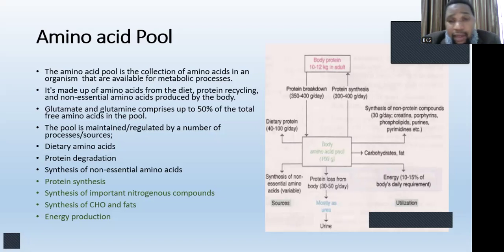Like I said, this excess amino acid is stored in the body in what is called the amino acid pool, where you have 50% of these amino acids kept in the form of glutamate or glutamine. We'll see why glutamate or glutamine. What are the roles of glutamate? What is the significance of storing them in the form of glutamate?